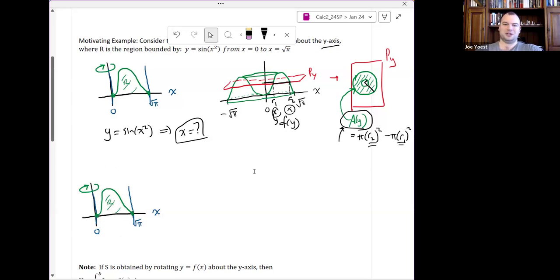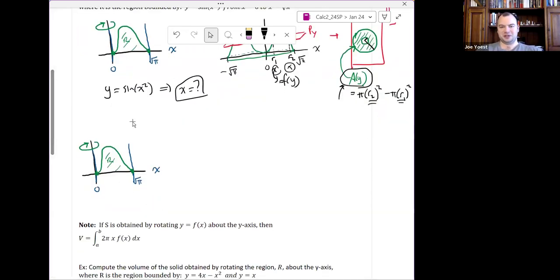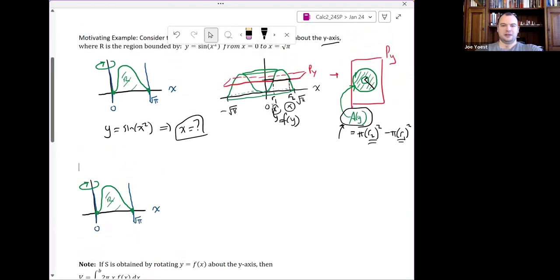Maybe I can't copy as much as I was hoping. I guess I'll just copy the region picture. I'll redraw the solid.